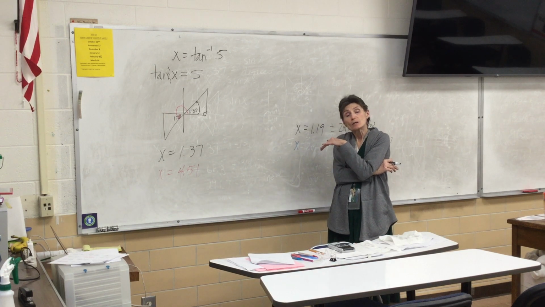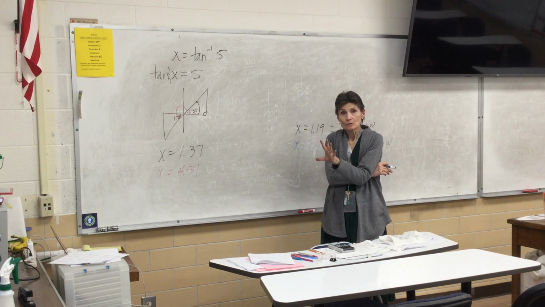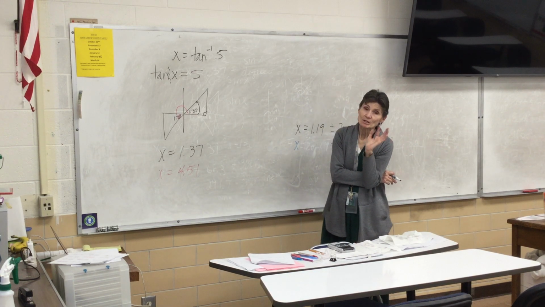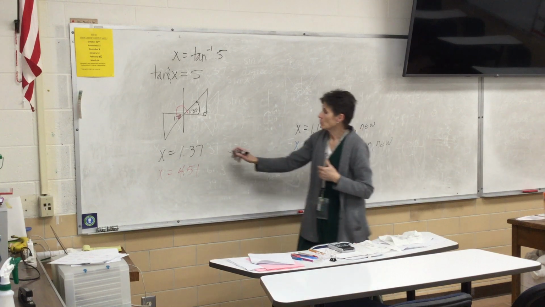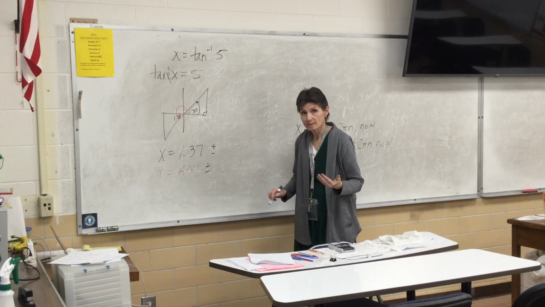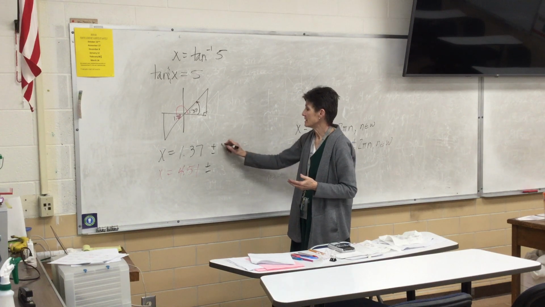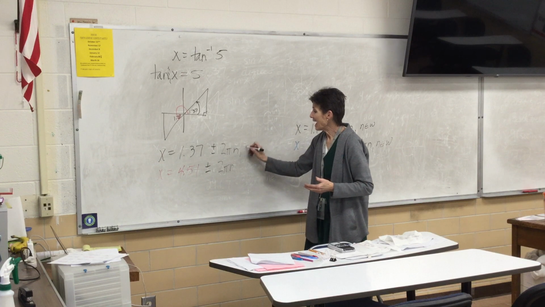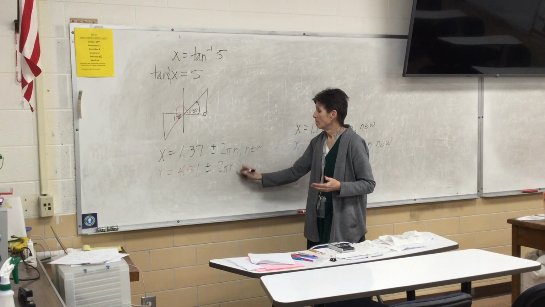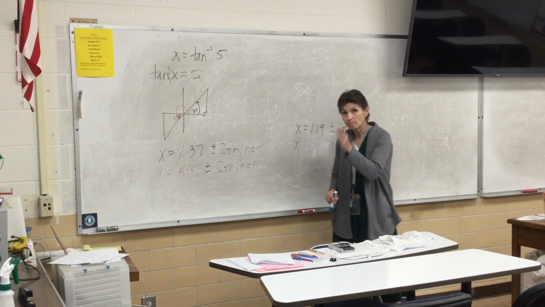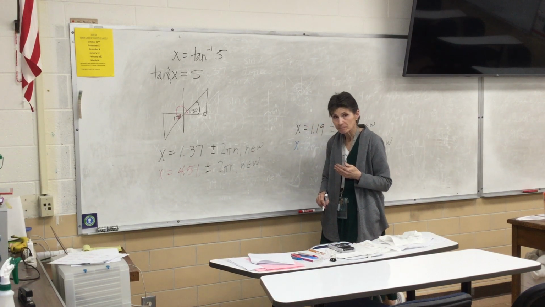Now, those are the answers in the first revolution. But again, this question said find them all. So we're going to add and subtract revolutions, which in radians is 2 pi's. So we're going to add and subtract multiples of 2 pi. 2 pi n, multiples of 2 pi.